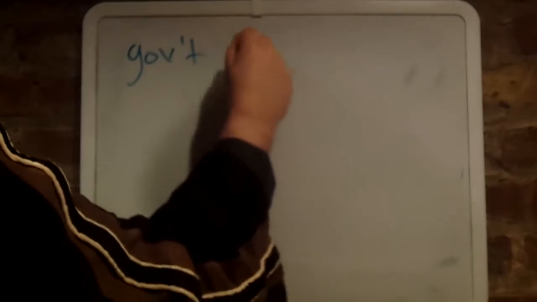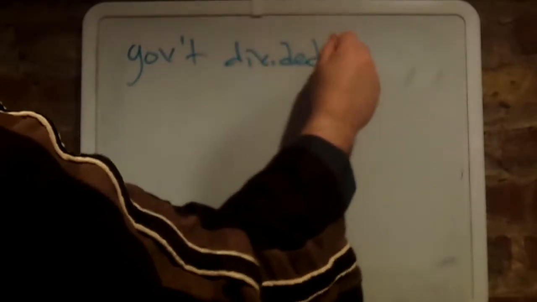So, the Constitution comes along, which makes the central government that much stronger. But to guard against tyranny, the government is divided into 3 branches.